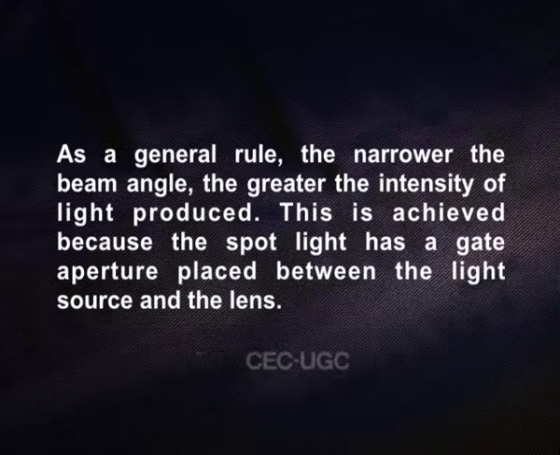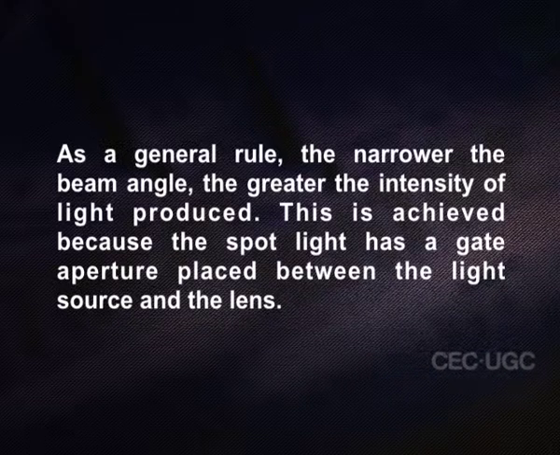This is achieved because the spotlight has a gate aperture placed between the light source and the lens. The maximum amount of light available is collected from the lamp by the reflector and is then passed through the gate. This gate and its built-in shutters determine the profile of the beam.